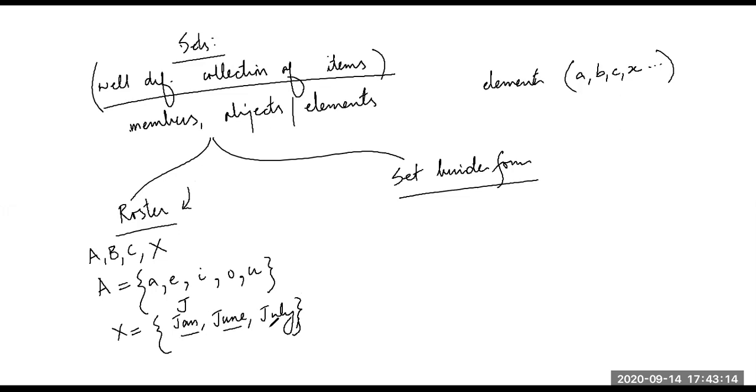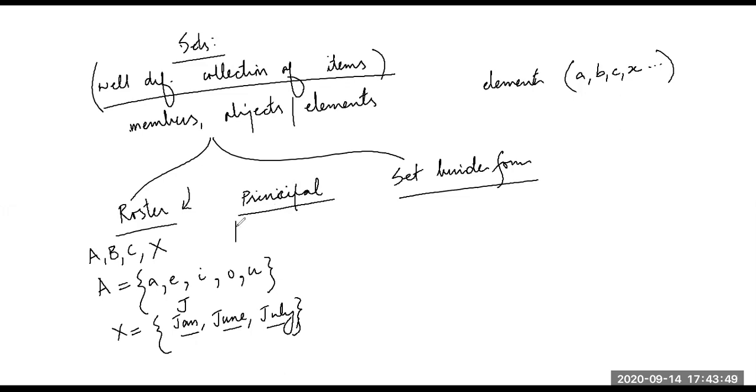One advantage I get here is, let's say I want to write a set corresponding to all the letters in the word principal. Let me see what the letters are.